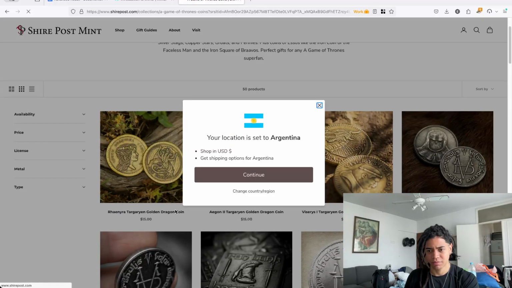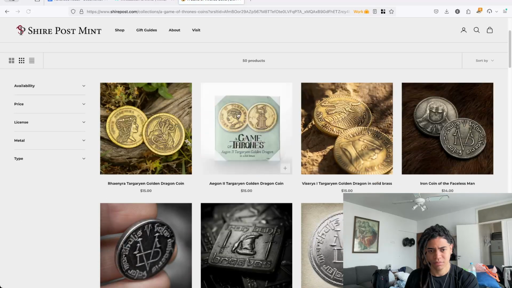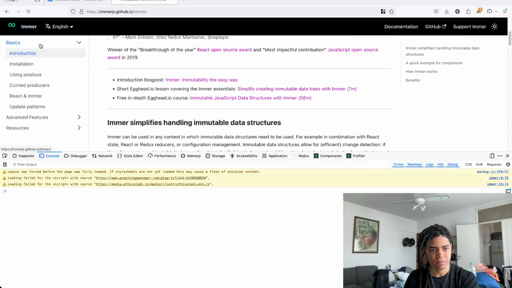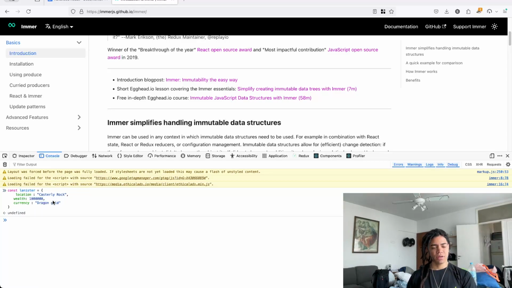Golden Dragon coin. Yeah, let's make this. Their wealth is valued in that. The currency they're using is the dragon gold.